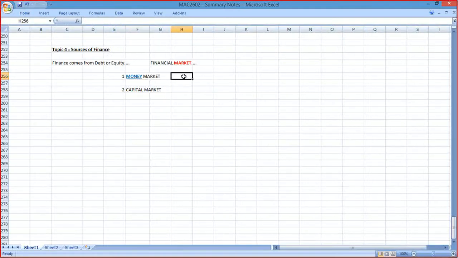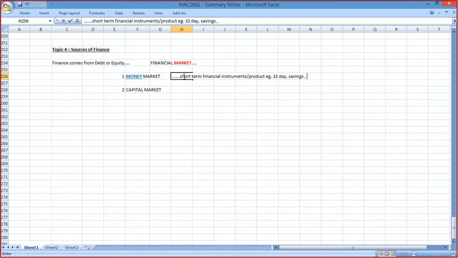So when looking at the money market, you're looking at short-term financial products or instruments. That could be an example like a 32-day account, a savings account. It's all short-term.